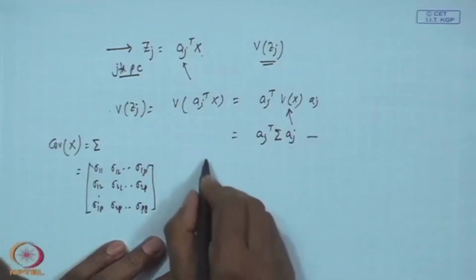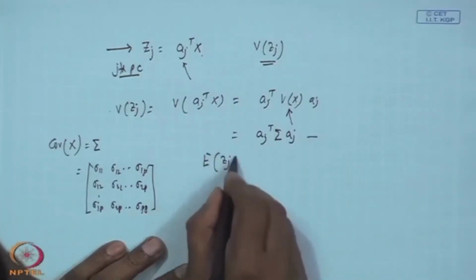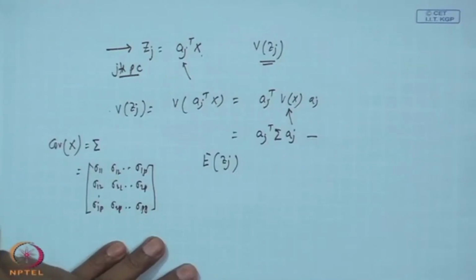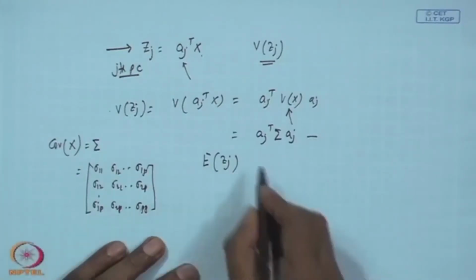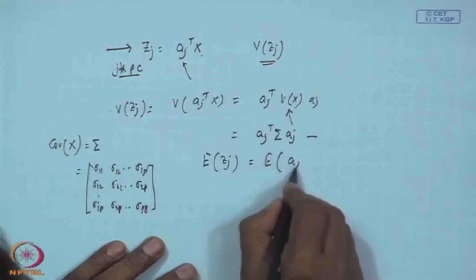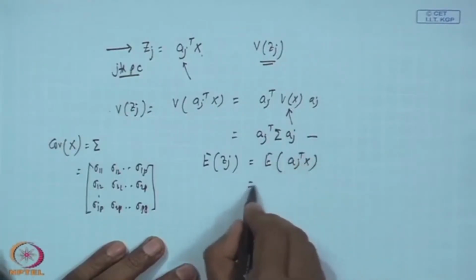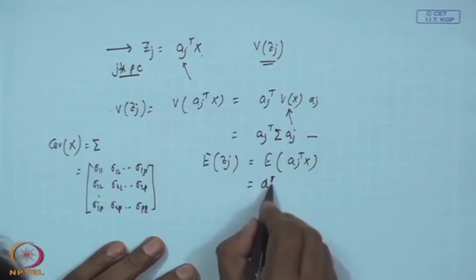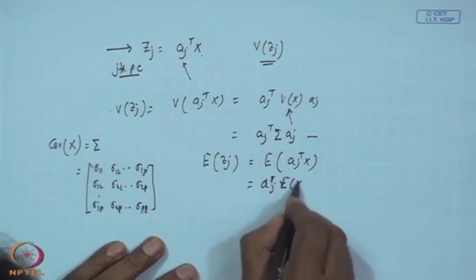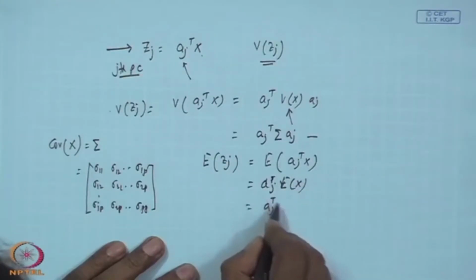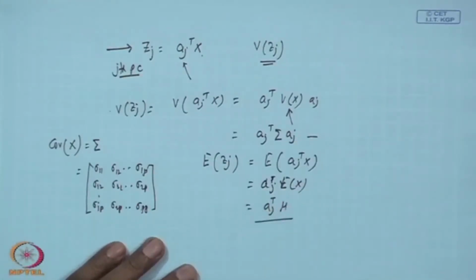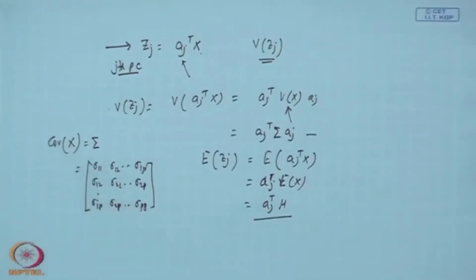Then what will be the expected value of Zj? It will be the expected value of Aj transpose X, which is Aj transpose times the expected value of X, which is Aj transpose mu, because X is a p-variable vector with mean vector mu 1 to mu p.